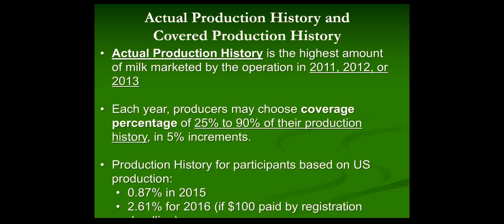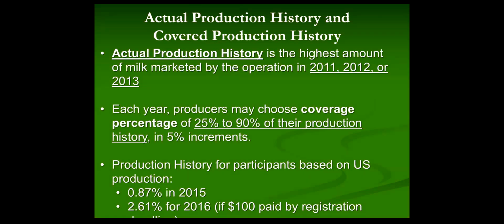Which years is that, Chris? You've got the 0.87 times your production history. Right, if you signed up for 2015. But that 0.87 is actually derived from what year's production? That would be from the prior year. Prior year, right. But as far as they're concerned, it's 0.87 times what their actual production history was, and then if you sign up in the next year, you're signed up, so then they'll get another 2.61%.